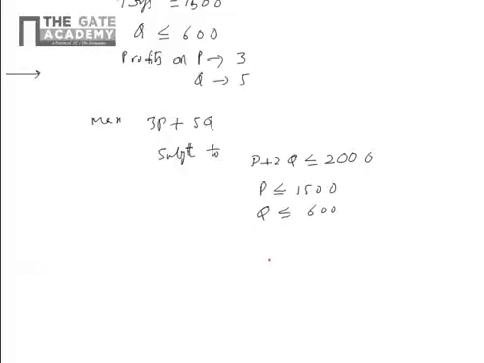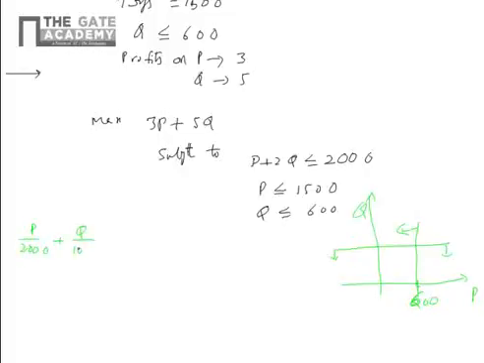So, using the graphical method, he has given Q less than 600, P less than 1500, and P plus 2Q: what are the intercepts? P by 2000 plus Q by 1000 less than or equal to 1.